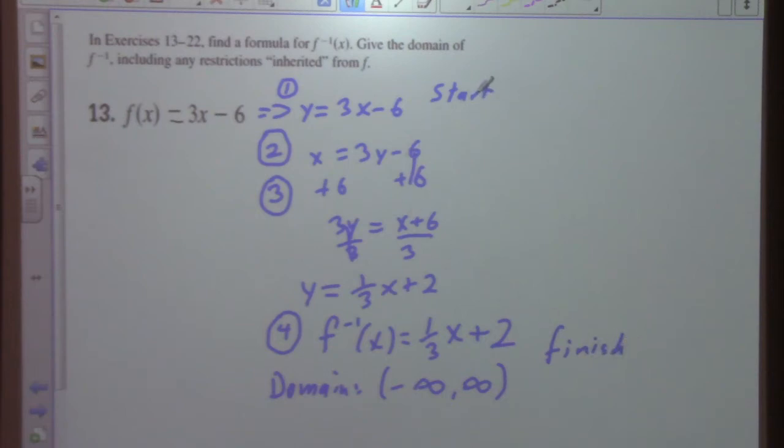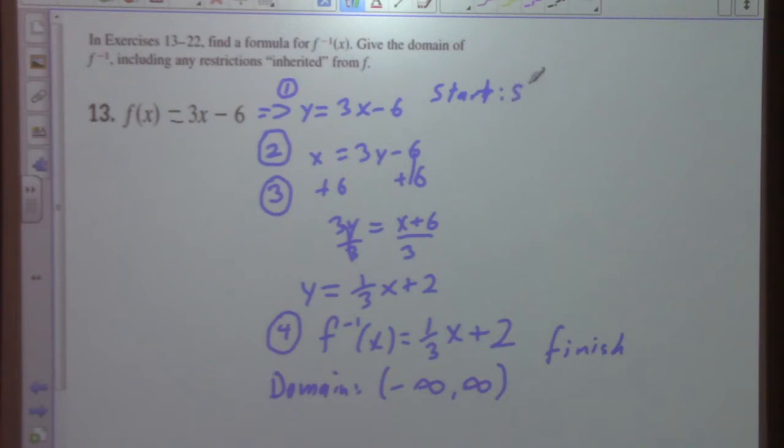So what do you notice comparing and contrasting the start and the finish? Everything's divided by 3? Yeah. That's a good observation. What else? The last sign changes. There's a sign change. Okay, very good. Good observation.